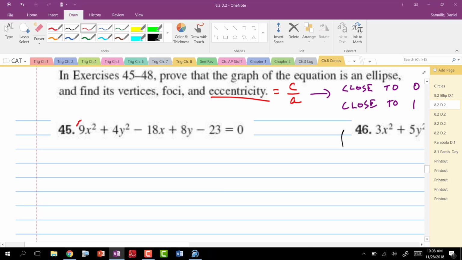Hey, how do I know this is an ellipse? You don't know that yet. Look at the two numbers in front of the y and x squared. They are different. So when I divide by a number, they're going to cancel and have different radii values underneath.